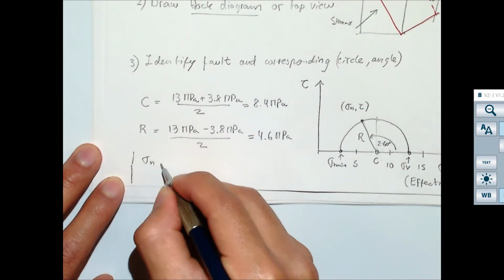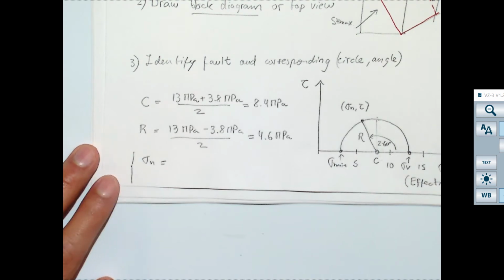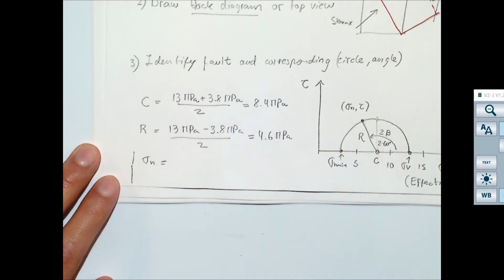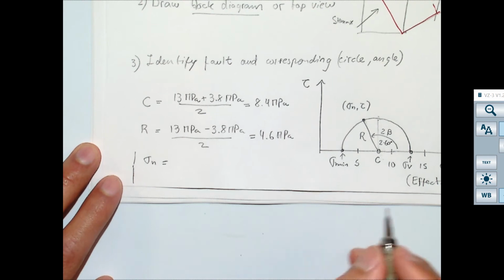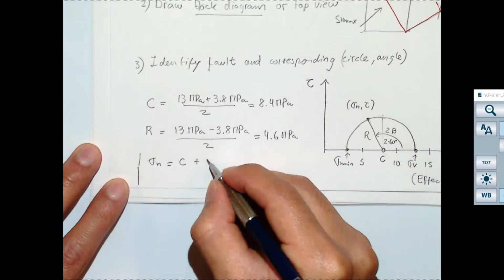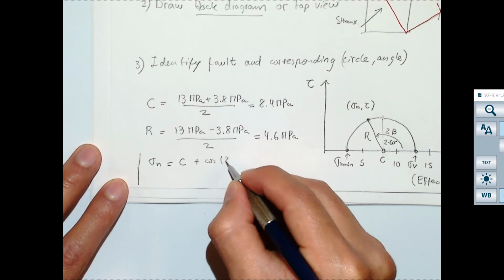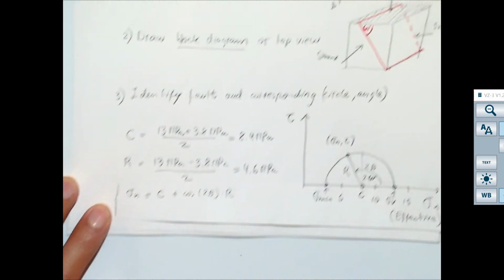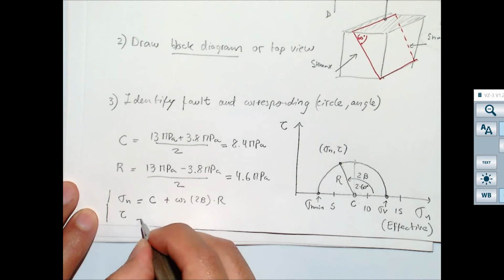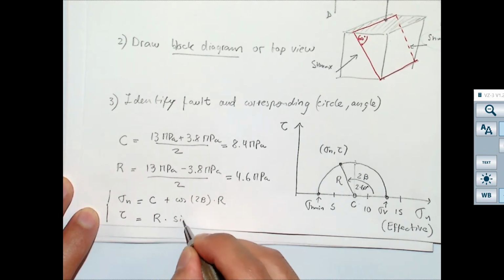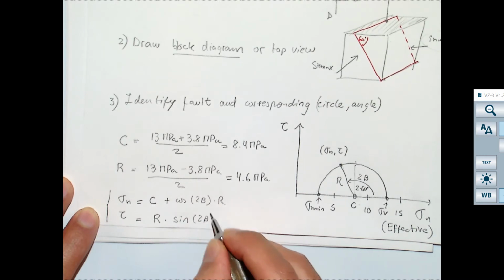Remember that always sigma n at any angle, let's call this one beta, is going to be sigma n is the center plus the cosine of 2 beta times the radius, and tau is the radius times the sine of 2 beta.